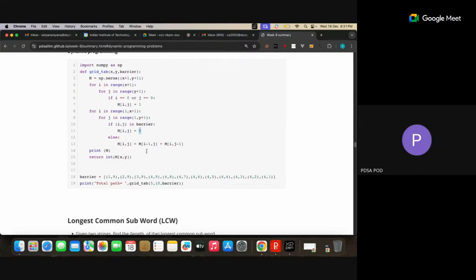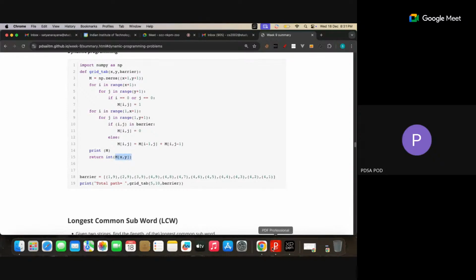Other than the barrier points it is simple: the previous i row and previous j column, these two sum we use to calculate the current one. Finally we print that matrix and the right topmost value.